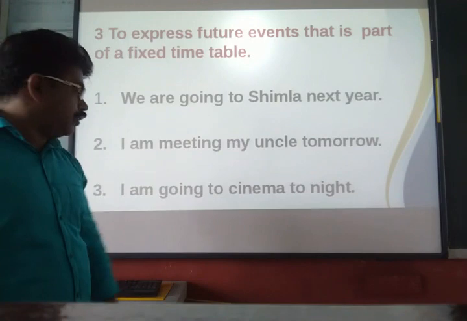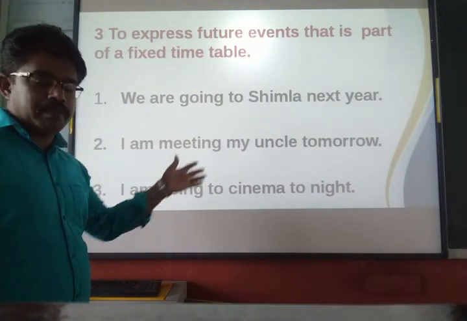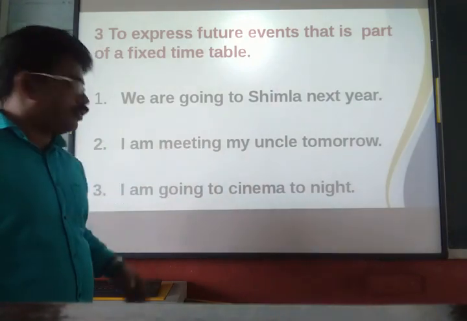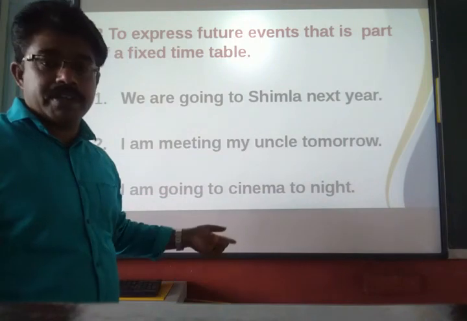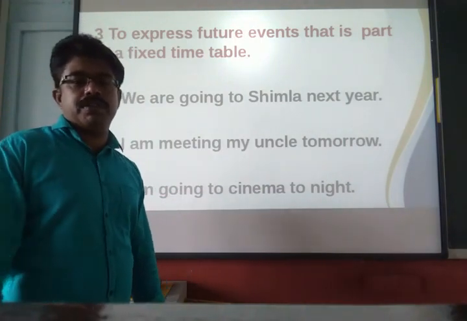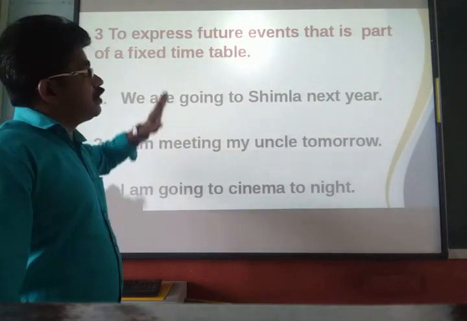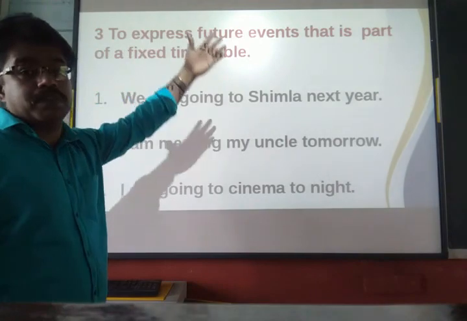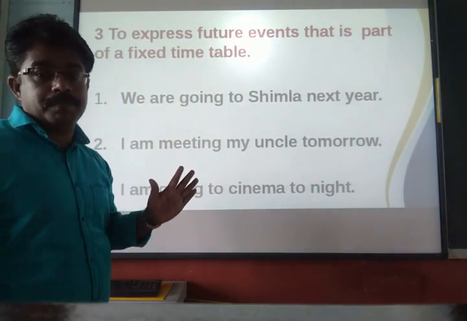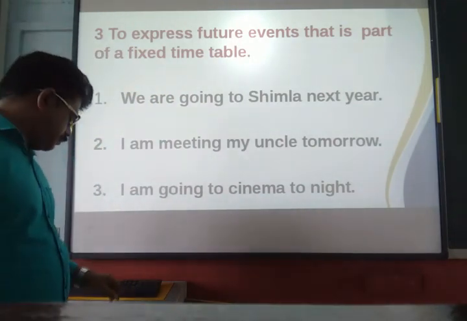Tomorrow something is going to take place because it is already planned. Maybe I have spoken to my uncle. I am going to the cinema tonight. So these are the usages where we can use the present continuous tense to express future events that are part of a fixed timetable.